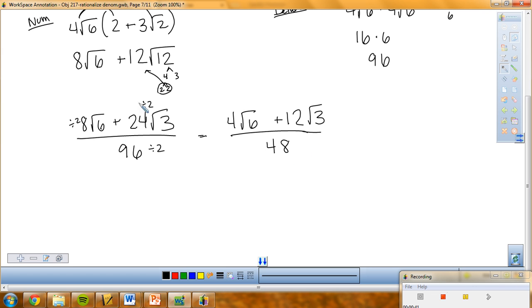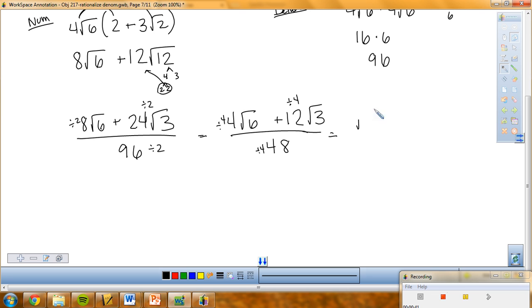Right? So maybe you could simplify, but you need to check. Can I take out more? Yeah, and I hopefully see that I can take out 2's again, or even the bigger common factor, which is 4. I could take out a 4, I could take out a 4, and I could take out a 4.